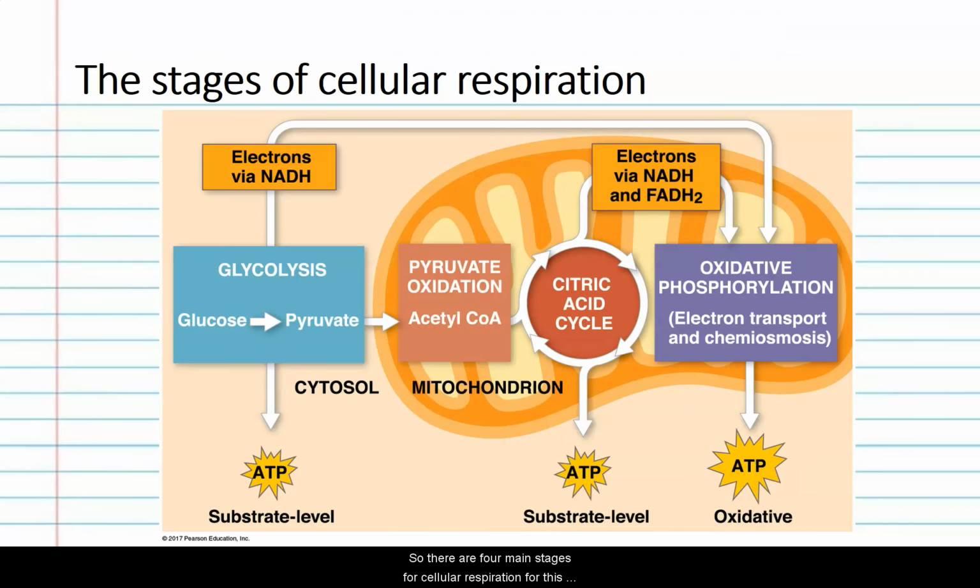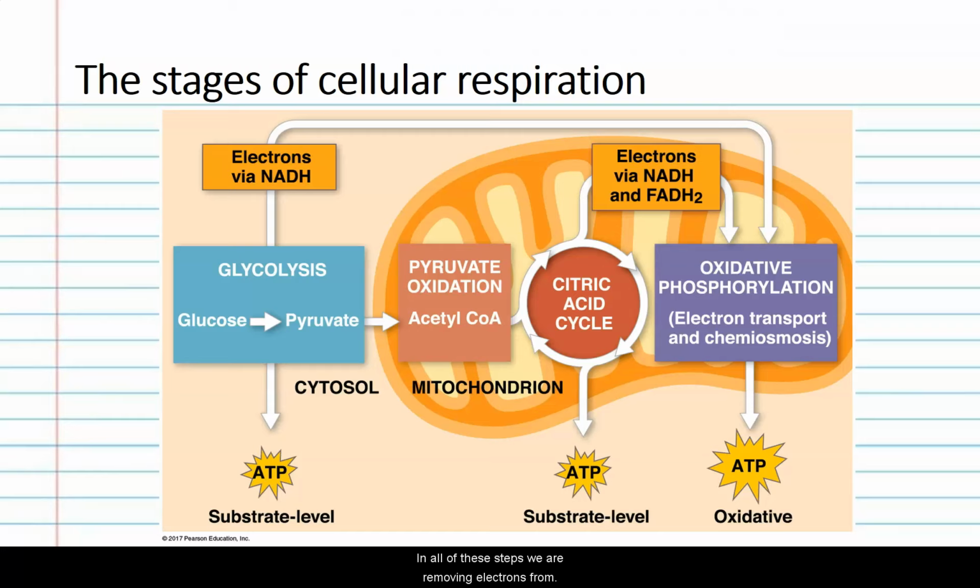So there are four main stages for cellular respiration, for this process of breaking down glucose, releasing the energy, and making ATP. Those four stages are glycolysis, which occurs in the cytosol, and then pyruvate oxidation, the citric acid cycle or Krebs cycle, and oxidative phosphorylation. Those three steps occur within the mitochondria of our eukaryotic cells.